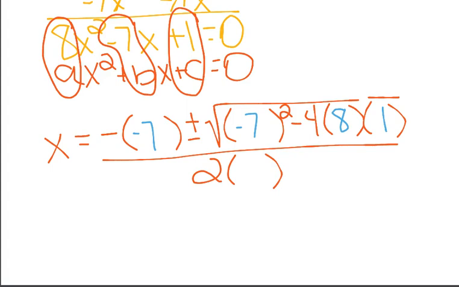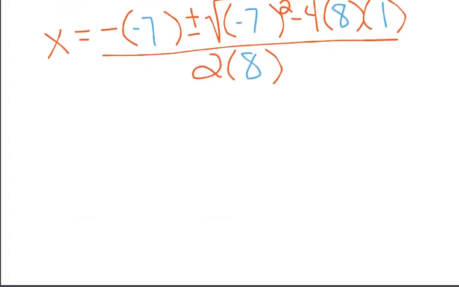And my a, when I plug it in again, is 8. All right, so I have plugged in the a, b, and c. Now I'm ready to simplify this mess down, make it look a little bit easier for us.